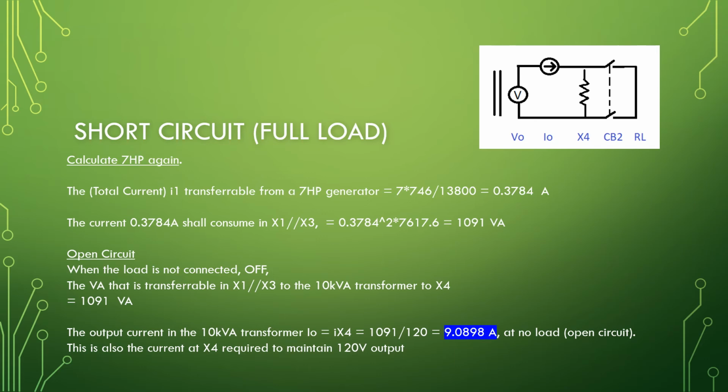The output current in the 10 kVA transformer I0 equals IX4 equals 1091 VA divided by 120 volt equals 9.0898 ampere at low load open circuit. This is also the current at X4 required to maintain 120 volt output.